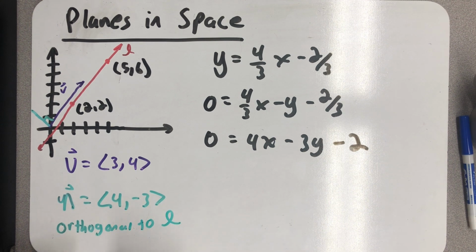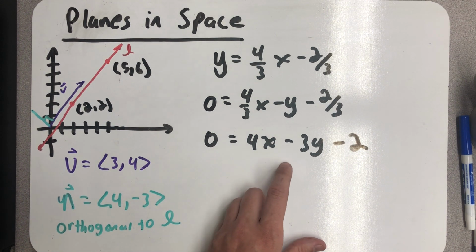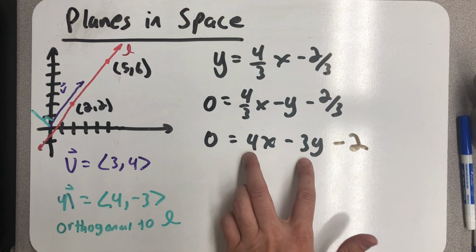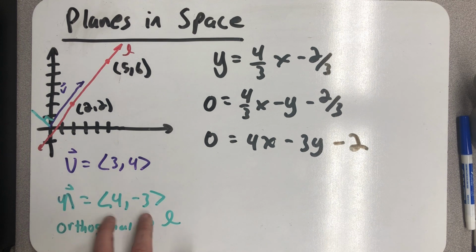I could say perpendicular, I could say orthogonal, I could say normal. When I'm looking at the general form of the equation of a line, I can always write it down like this, where these two constants are from a vector perpendicular to L.